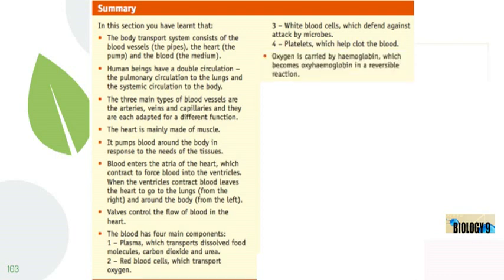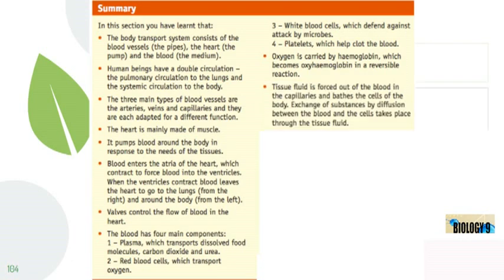Oxygen is carried by hemoglobin, which becomes oxyhemoglobin in a reversible reaction. Tissue fluid is forced out of the blood in the capillaries and bathes the cells of the body. Exchange of substances by diffusion between the blood and the cells takes place through tissue fluid.